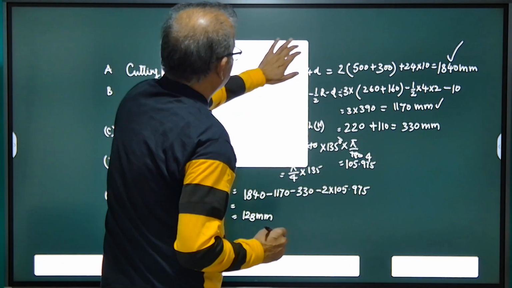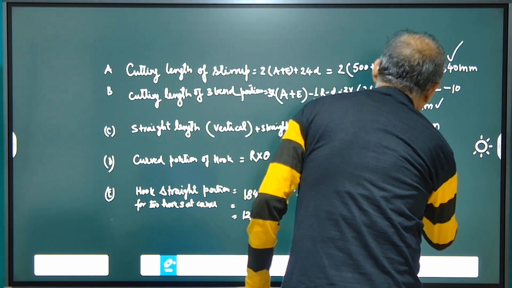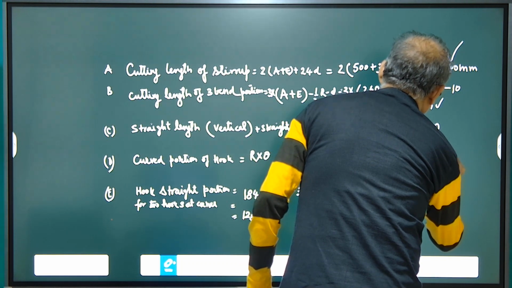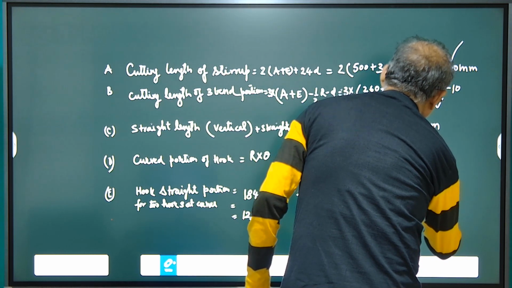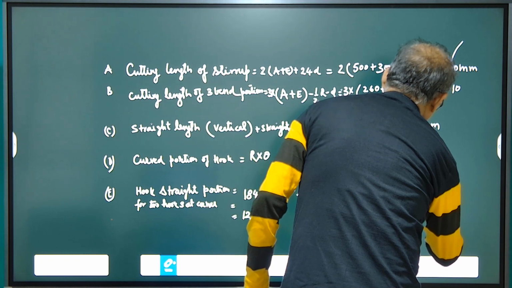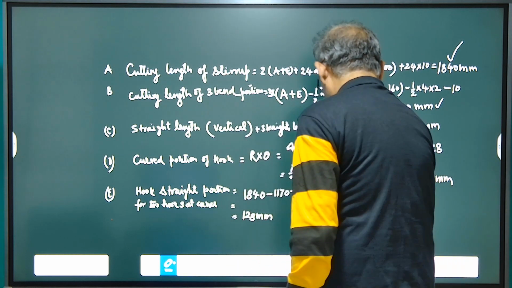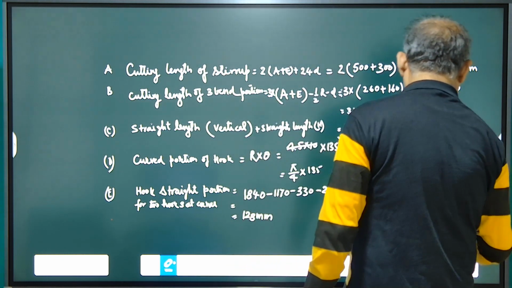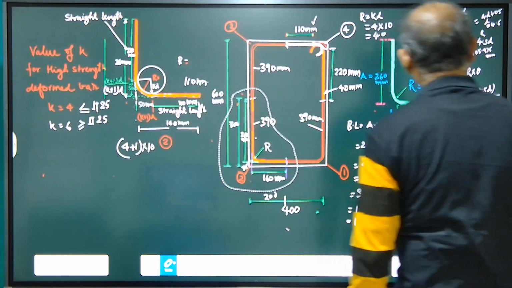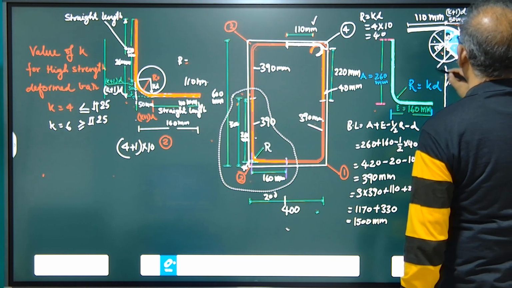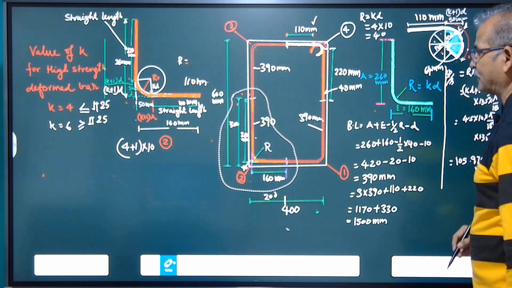So the 2 straight portions are 128 mm, and one will be 128 divided by 2, 64 mm. So this straight portion will be 64 mm. Now we found out the dimensions.